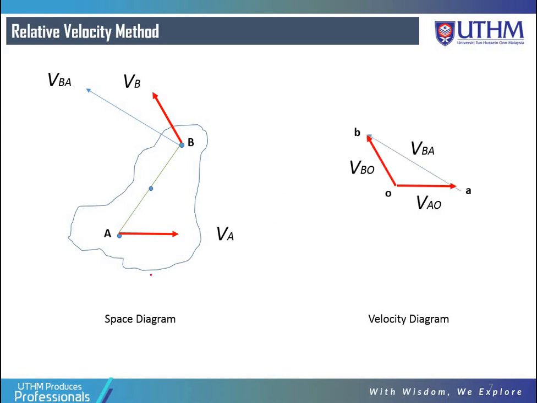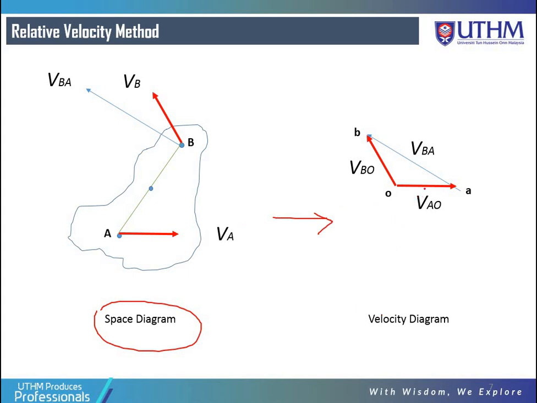Okay, what you need to do is this: this is the space diagram. Space diagram means that by having all those mechanisms, you can draw or denote the velocity at any point, and then transfer it to the velocity diagram.